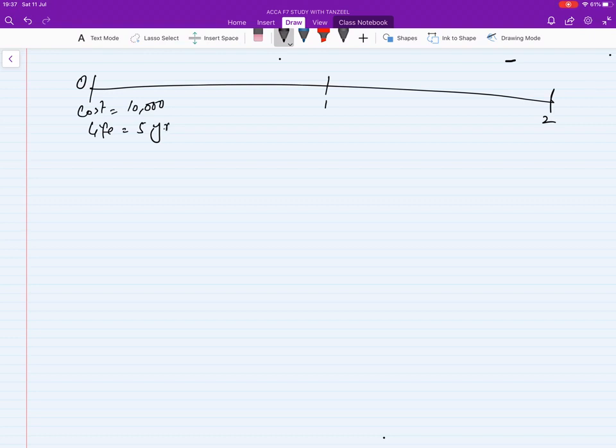Okay, same. The depreciation is 2,000 here and 2,000 here. So you can say cost was 10,000 before, and depreciation for year 1 2,000, year 2 2,000. You can see the net book value will be 6,000.